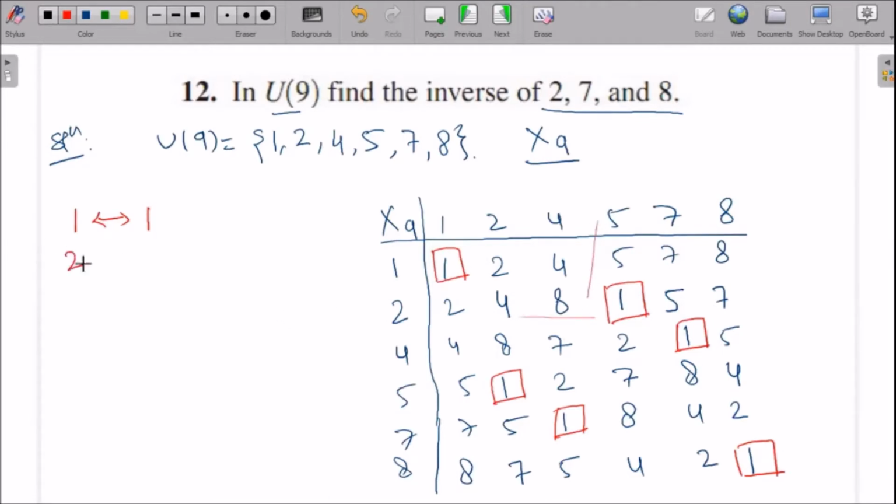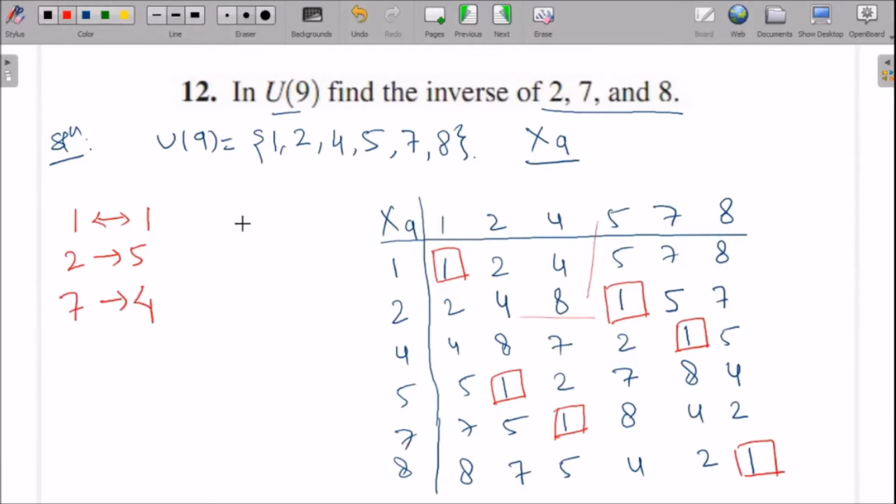So inverse of 2 is 5, and what we need, inverse of 7. Inverse of 7 is 4.